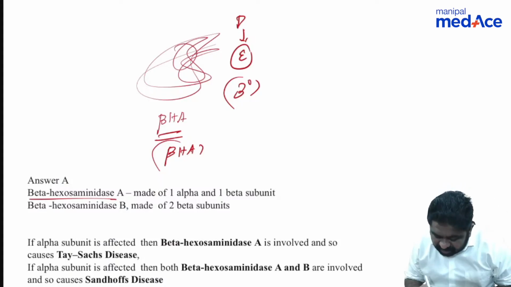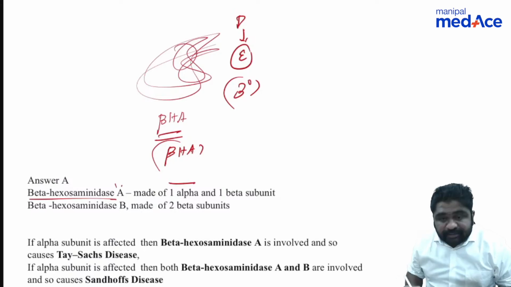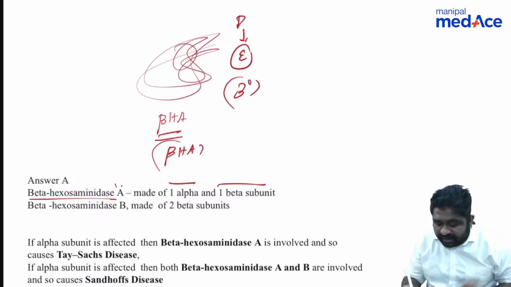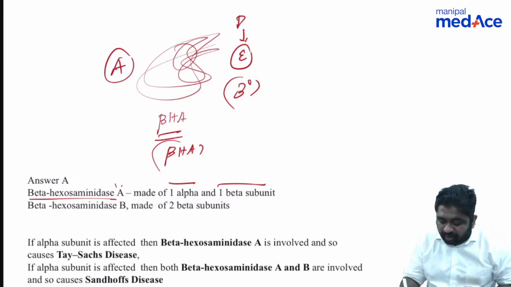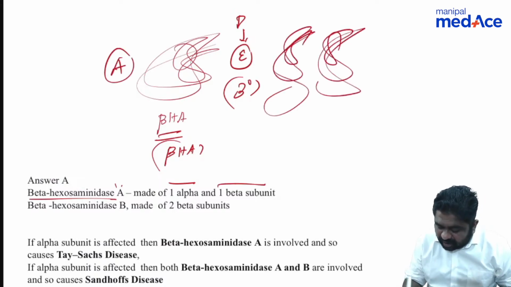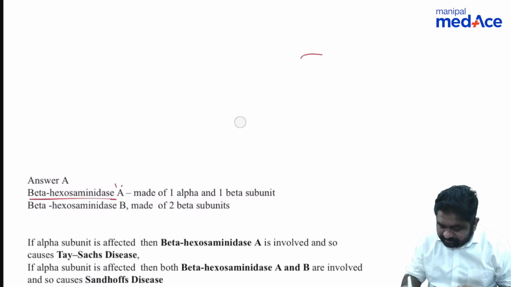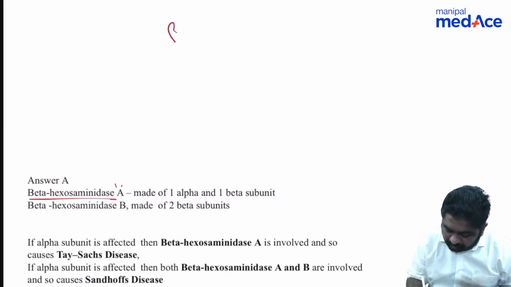But here, beta hexosaminidase A is made up of one alpha subunit and one beta subunit. If I draw this, you will have an alpha and a beta subunit. I'll erase this and write it clearly.